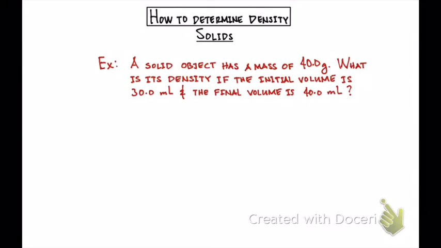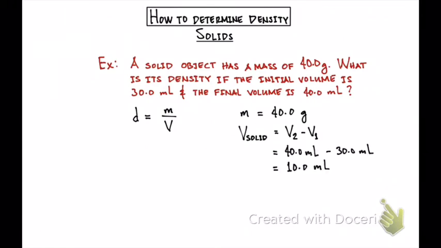Whenever you're dealing with word problems, you want to write down what's given, right? So the mass of the object is 40.0 grams. And for the volume, we have initial volume and final volume. The final volume is usually larger than the initial volume. So V2 is 40 milliliters and V1 is 30 milliliters. And so the difference here is 10 milliliters.